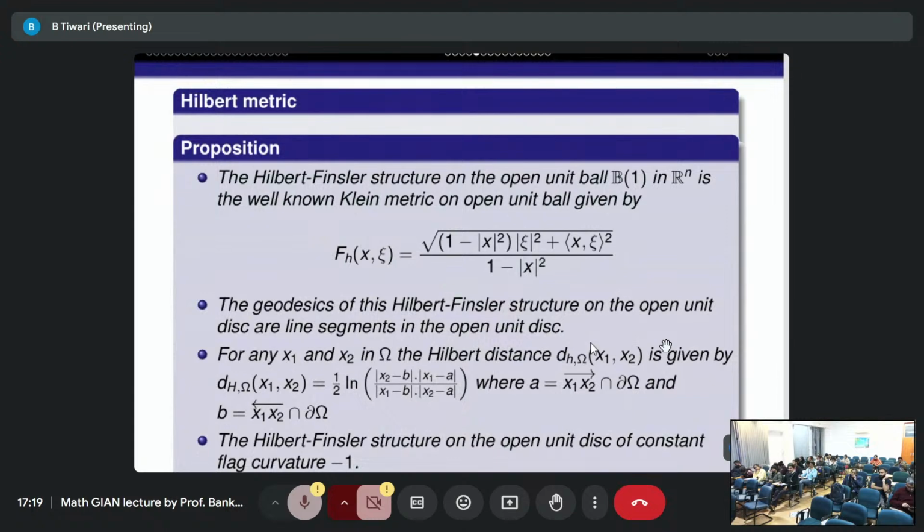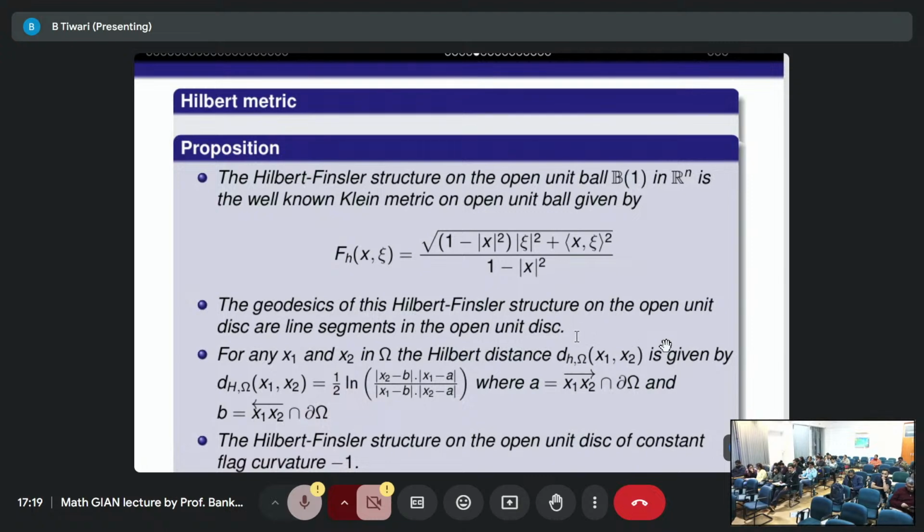So, here is the proposition with respect to this Hilbert-Finsler structure. The Hilbert-Finsler structure is exactly given by the formula of the Klein metric. So, if your convex domain omega is the unit ball, the Hilbert-Finsler structure has exactly the same formula as the Klein metric of hyperbolic geometry. Here again, the geodesics of this Hilbert structure on the open unit disk are line segments.